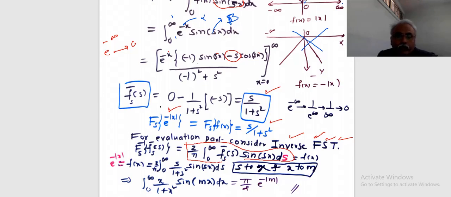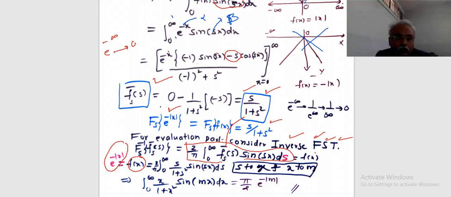This will give us back f of x. But f of x is basically e raised to minus mod x. 2 by pi as it is, 0 to infinity as it is. This f bar s value is brought here. S by 1 plus s square you write here.